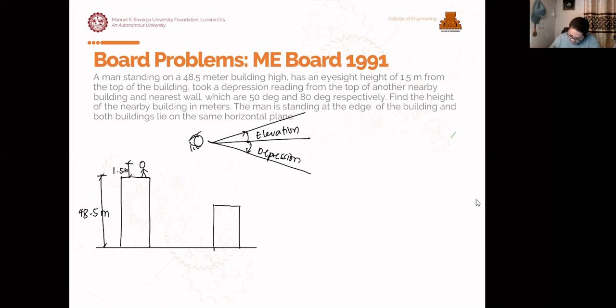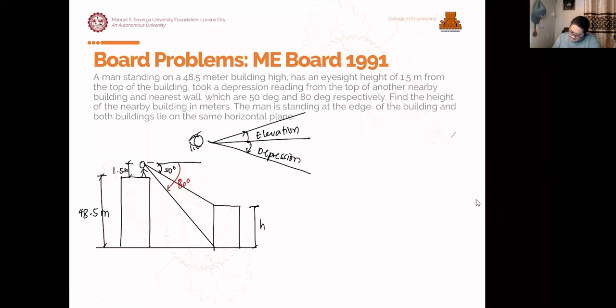So this will be yung tingin niya papunta dito. Okay? And yung tingin niya sa dito sa wall. Okay? So kung ito yung line of sight natin, ito yung 50 degrees natin, and then itong another ano natin, ito yung 80 degrees natin. Okay? Find the height of the nearby building in meters. Okay? So ito yung pinapahanap sa atin.